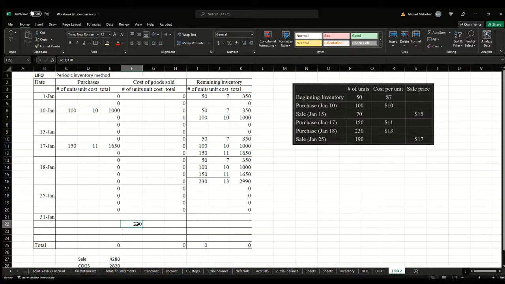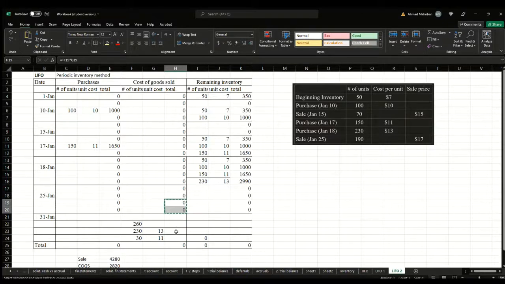Now these 260, I can take from the last in, so from the last line here, which is 230 at $13. I use 230 from the last in, so there is nothing more in the last line, and the remaining 30 I'm going to take from this line, which is $11 per unit.